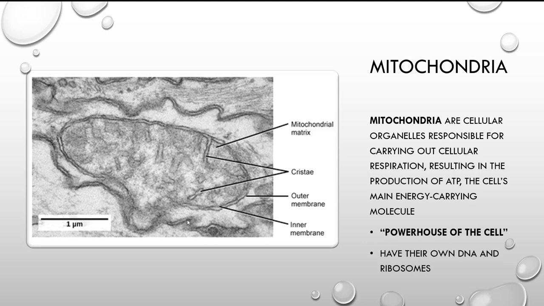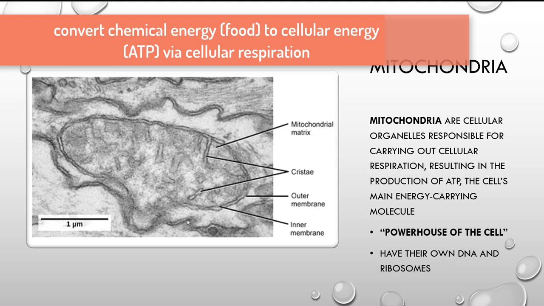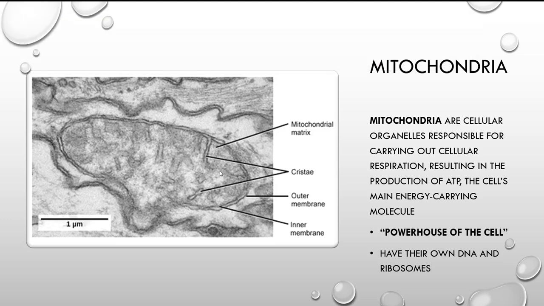They take chemical energy from the nutrients from our food and convert it to the energy that cells use, cellular energy, which is ATP. They do this through a process known as cellular respiration. We'll learn about cellular respiration in another unit, but this is basically where it occurs in our cells, in the mitochondrion.